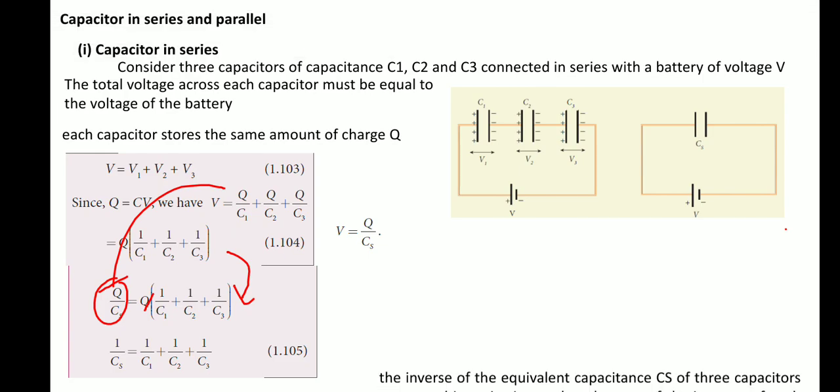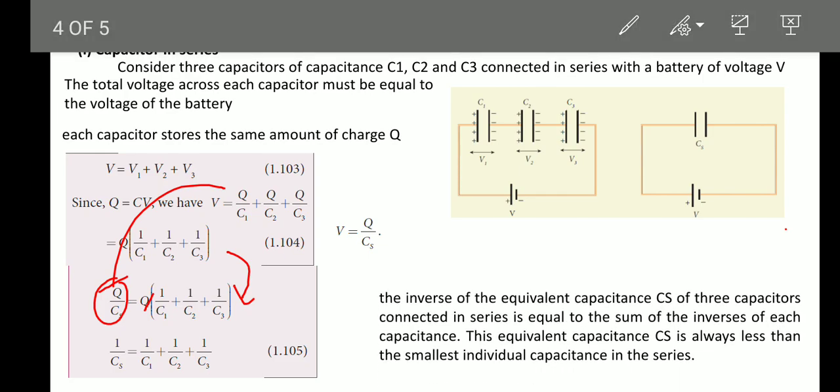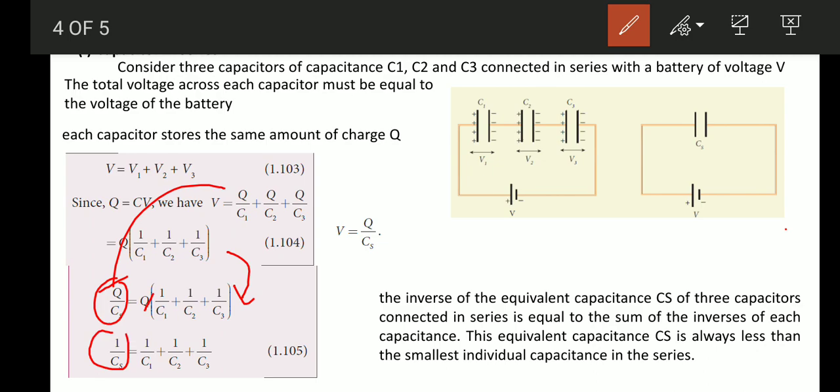From this we found that the inverse of the equivalent capacitance Cs of three capacitors connected in series is equal to the sum of the inverse of each capacitance.